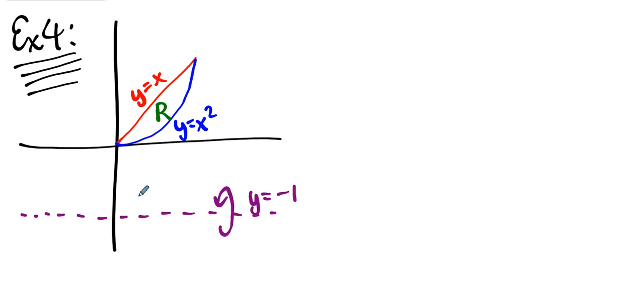So again, you get a tuna can generated by the red function. And then you get a tuna can within that tuna can generated by the blue function. So you have a big radius generated by the red function and a little radius generated by the blue function.